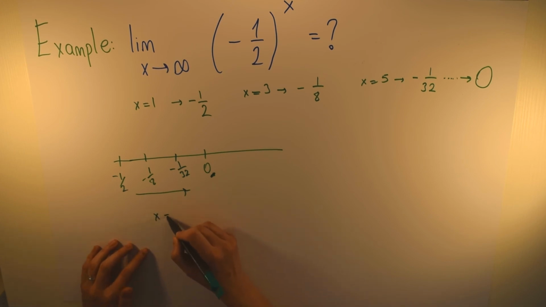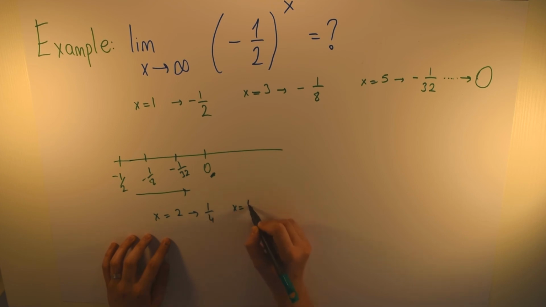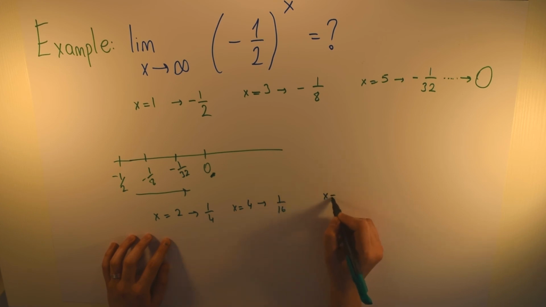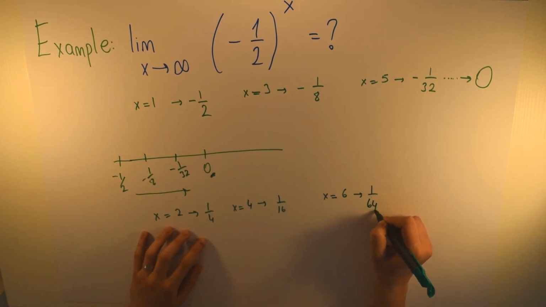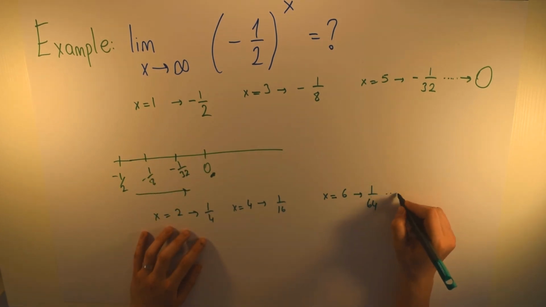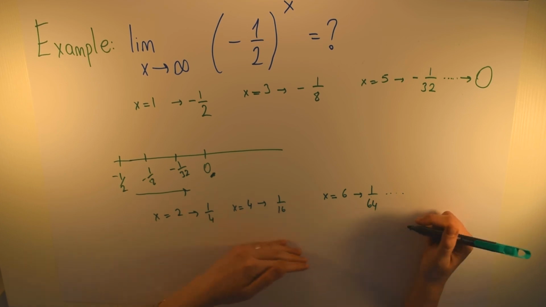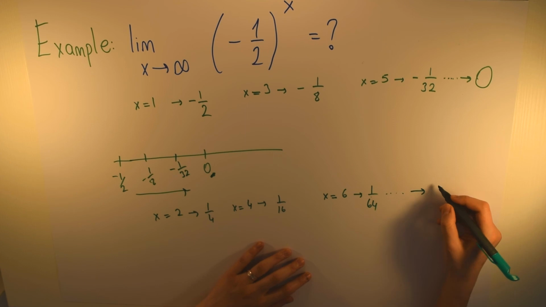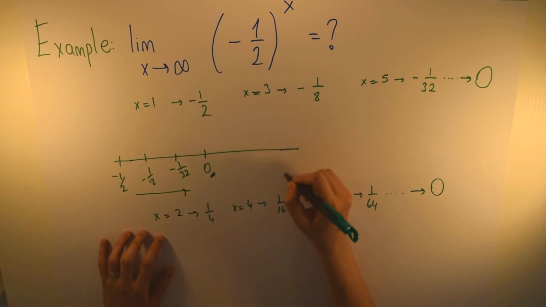Let's say when x is equal to 2, this is equal to 1 over 4. When x is equal to 4, it is 1 over 16. And when x is equal to 6, the expression will be equal to 1 over 64. So as you can see, are these increasing or decreasing? They are decreasing, right? They are decreasing and they are getting closer to 0. Let's see it here.